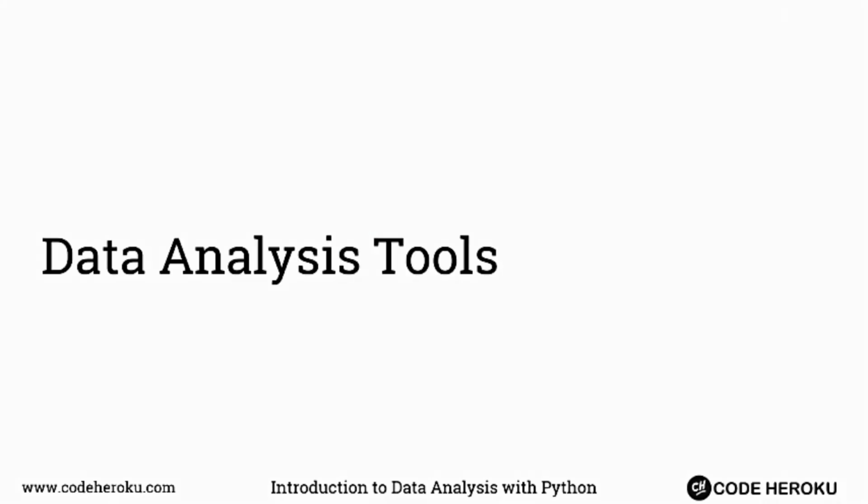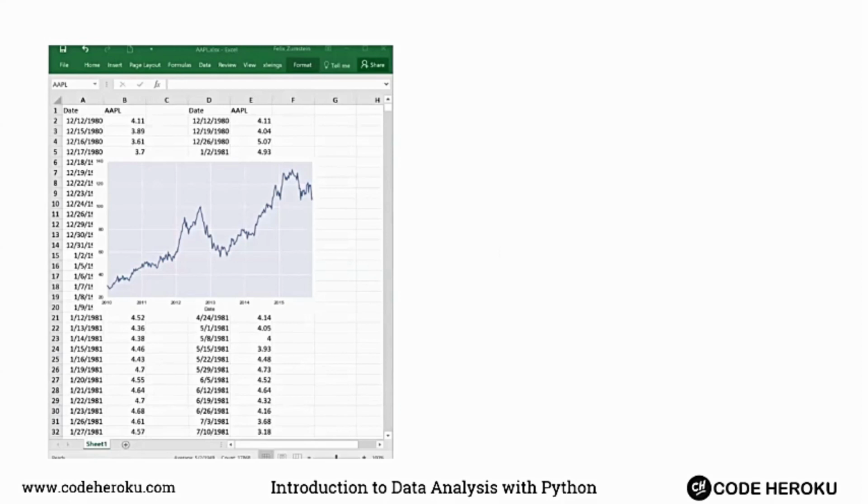So let's move on to the data analysis tools being used. Traditionally, there was one tool which is still being used today, which is Excel. It can do filters, it can apply functions like taking out the mean and median, and also graph them up.